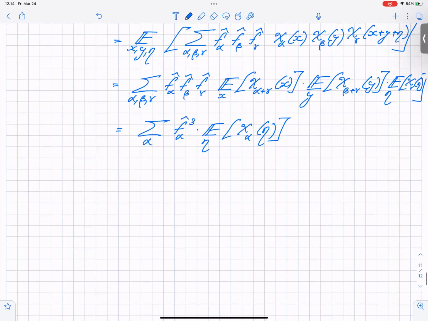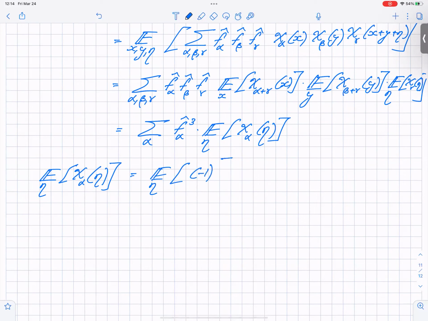And now let's write down what this is. Let's find out what the expected value over eta of chi alpha of eta is. Chi alpha of eta is just minus 1 to the power of the summation of alpha I eta I. Eta is a product distribution across the coordinates, therefore this nicely breaks.